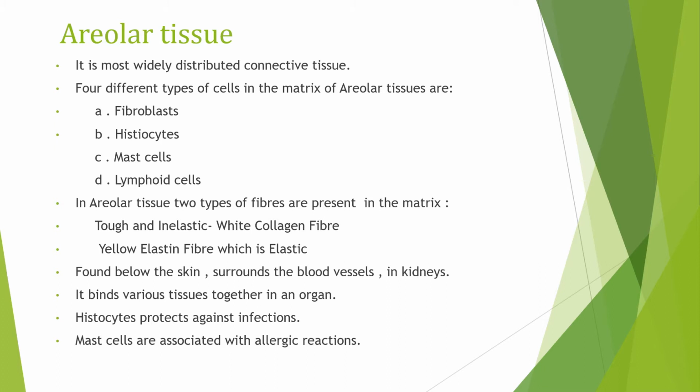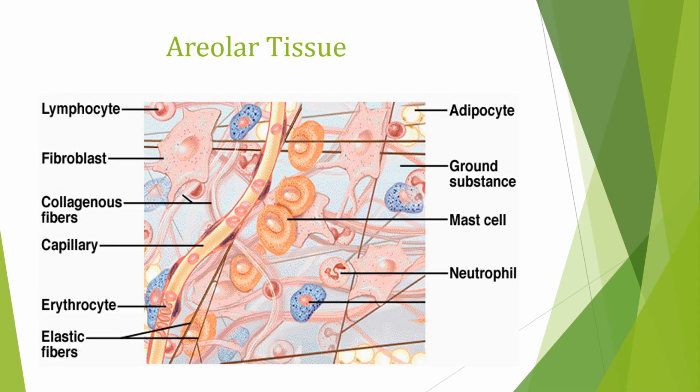As I've already told you, what do histiocytes do? They protect against infections. How do they protect? By engulfing foreign substances such as bacteria. Now mast cells are associated with allergic reactions. Now in this figure you can see the cells are distributed in the matrix.